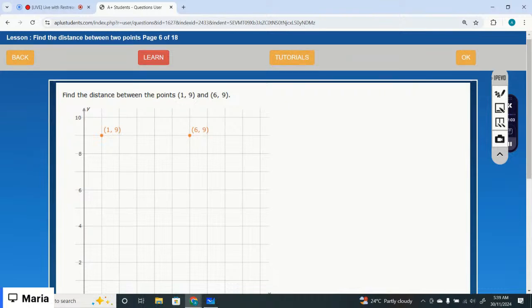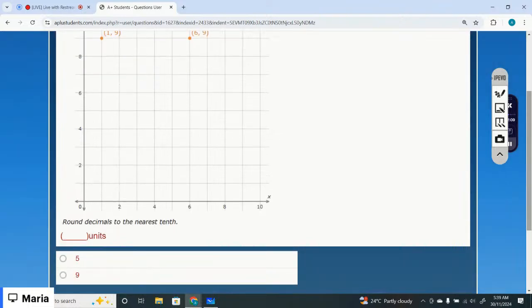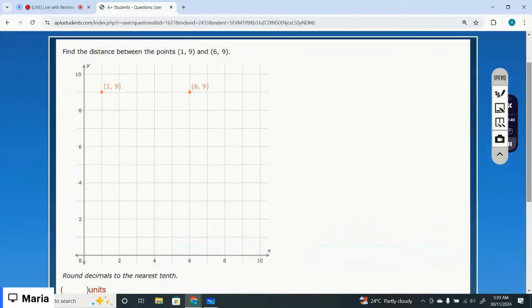Find the distance between the points (1, 9) and (6, 9). So which is the correct option? That is 5. Option number 1 is the correct option.